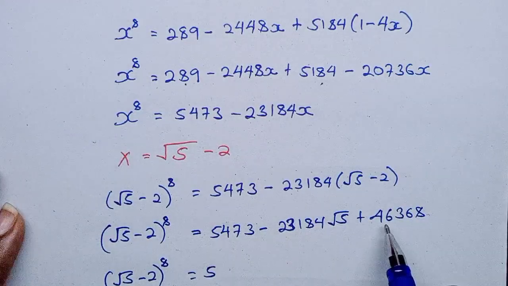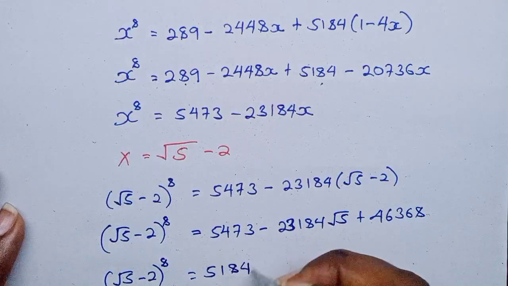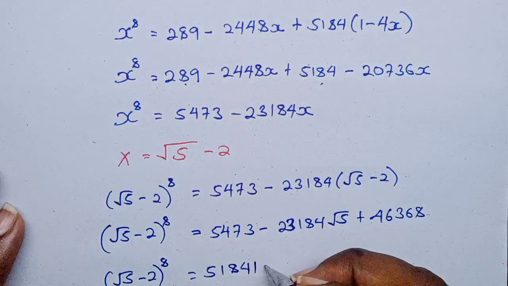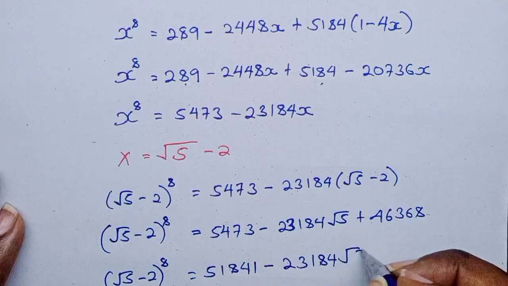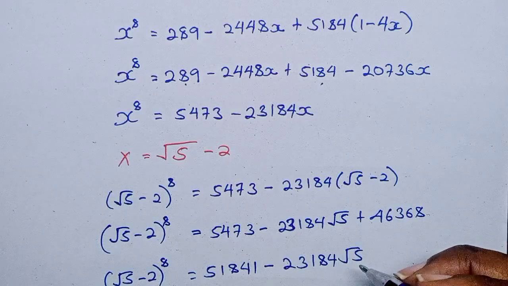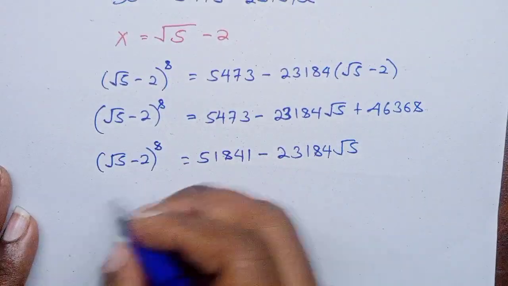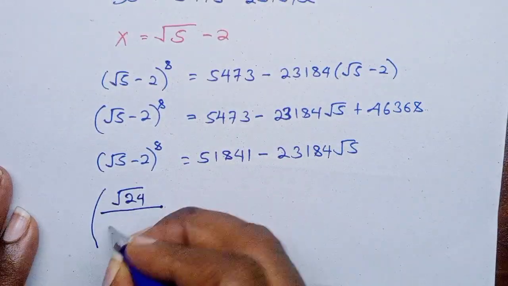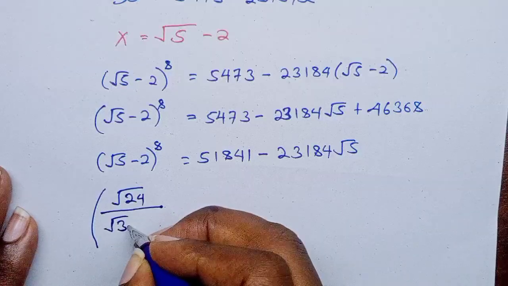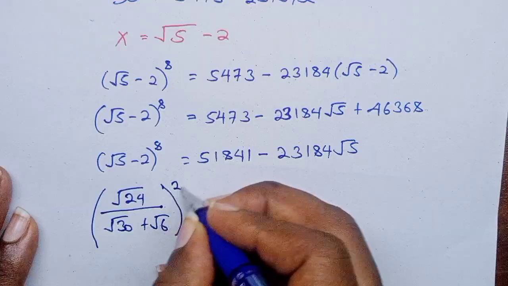So root 5 minus 2 to power 8 is equal to, when you combine this and this, 51841 minus 23184 root 5. Now from equation 1, remember we got root of 24 over root of 30 plus root of 6 to power 24.